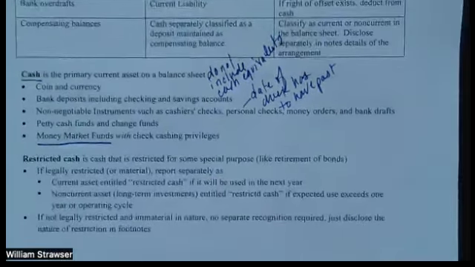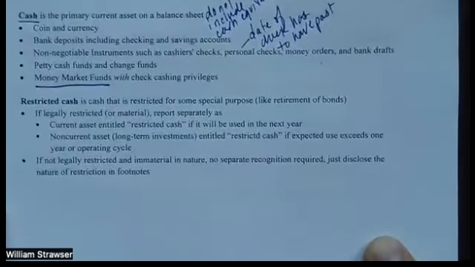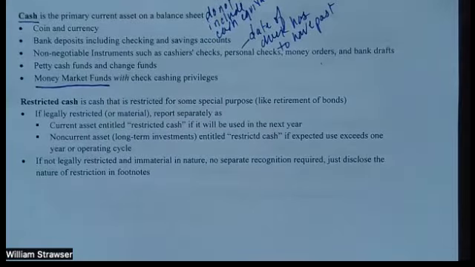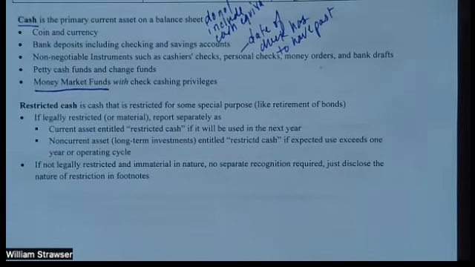We've talked a bit about restricted cash, but just to refresh, remember, on the balance sheet, when we list cash and cash equivalents, these are only amounts that are free and clear, that have no legal restrictions.